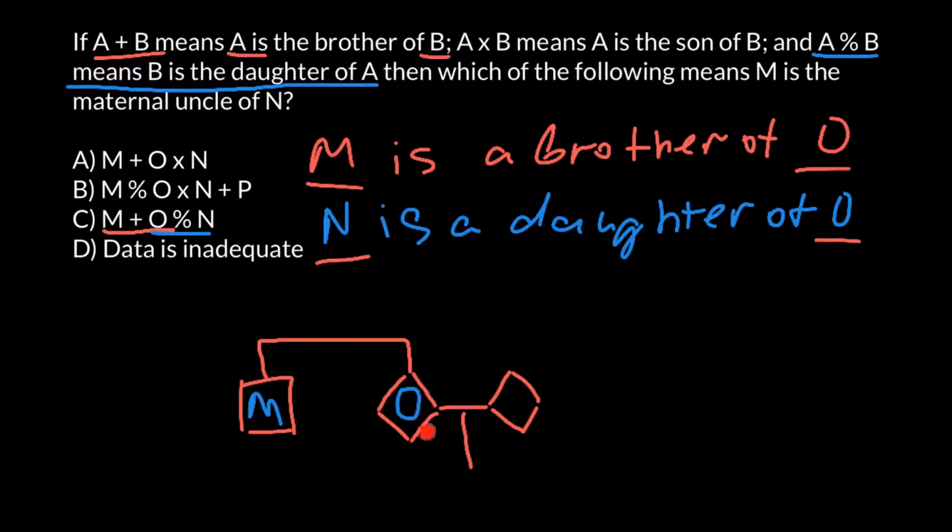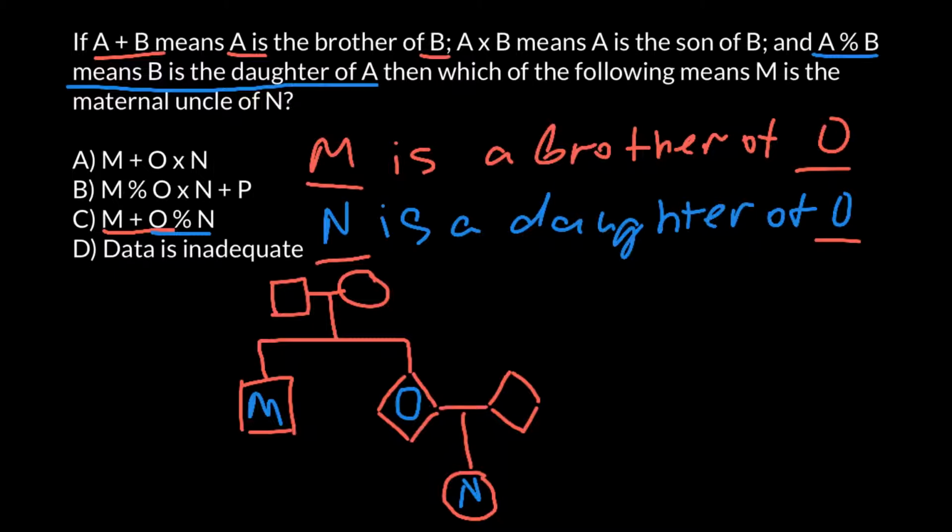But we know that one of them would be male, one of them would be female. We also know that this couple has a daughter, so we use a circle to specify daughter N. And of course we can also put here one male and one female, who are going to be parents of M and O and grandparents of N.